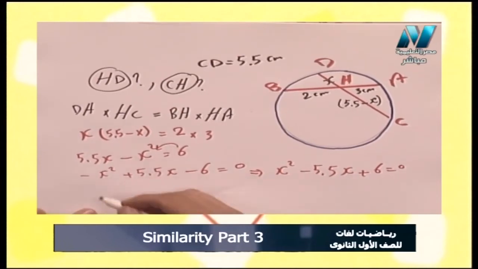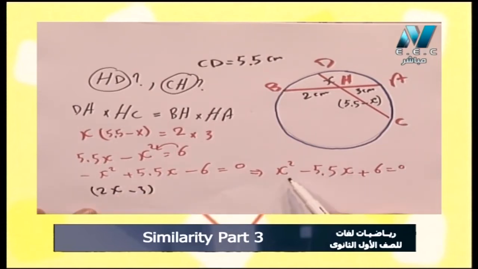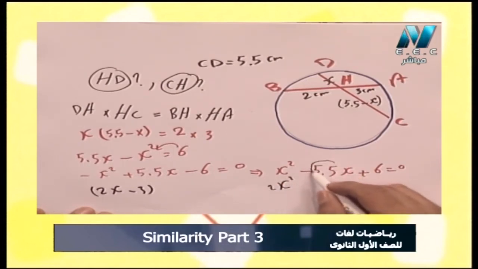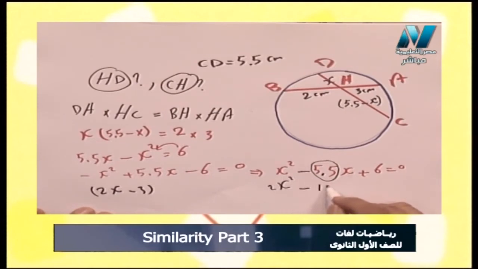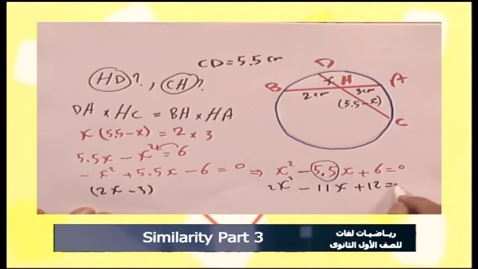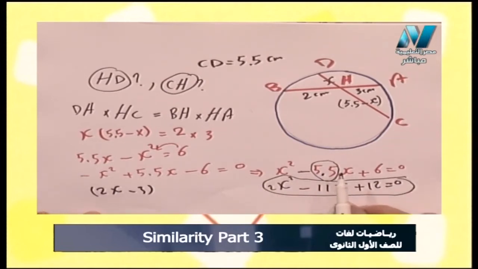I will use factorization here. We will multiply by 2 here, so it's easy for you to have 2x power 2, and we try to overcome this point. If you multiply 5.5 by 2, it will be 11. It will be easy. And 6 will be 12. So it will be easy for you to factorize it.